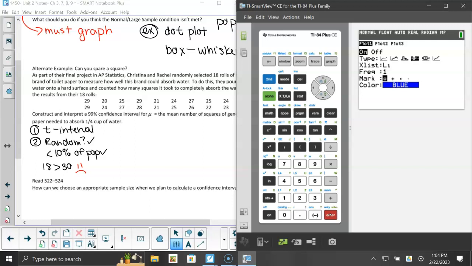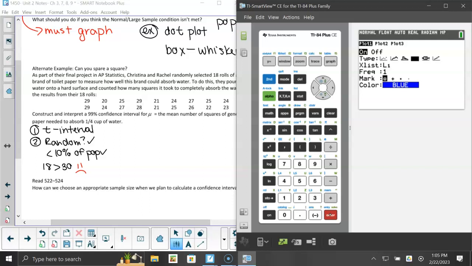The third one's a histogram. The one on the right will not show you outliers separated from it. They consider the outliers in it.